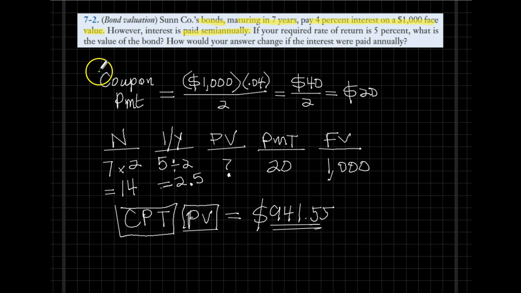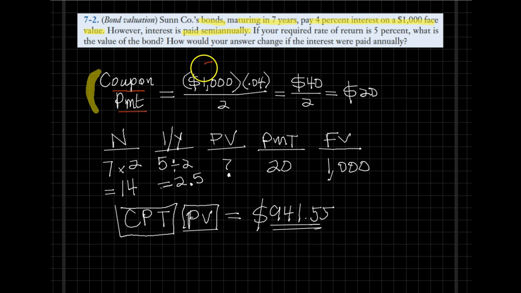So let me just briefly explain what's going on in this part of the problem. Because the interest rate is expected to be 4% of the face value, we calculate the interest, or you might call it the coupon on the bond. So the face value is $1,000 for 4%.